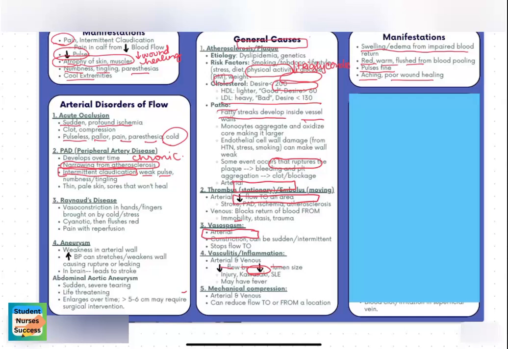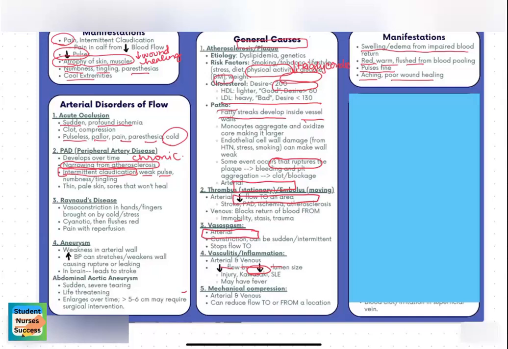So they will start to hurt and ache, and we call that intermittent claudication. Usually, it'll cause the patient to have to sit down and rest, and that rest will decrease the oxygen demand of the muscles because they're no longer working if you're resting, and the pain will resolve.